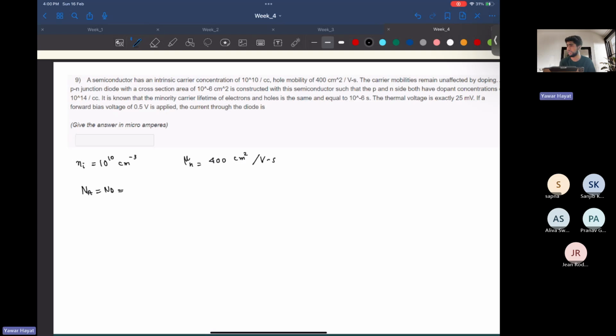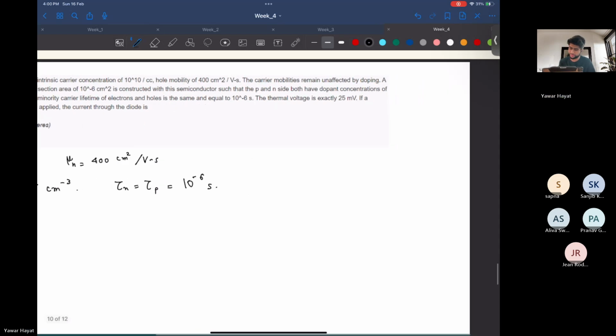Your Na and Nd both are 10 to the power 14 per centimeter cube, and your tau n equals tau p equals 10 to the power minus 6 seconds. Now, what about Vt?